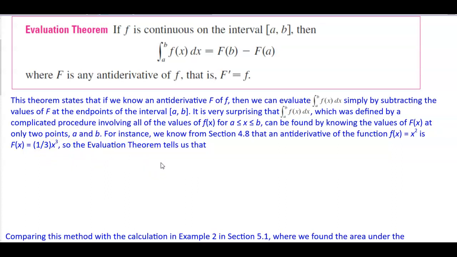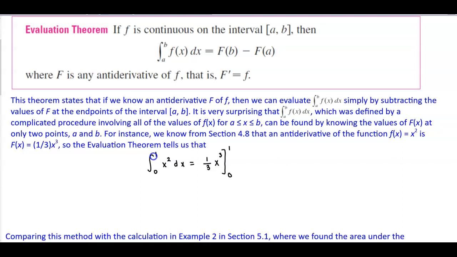So we have the integral from 0 to 1 of that function x squared dx. The antiderivative of x squared is 1/3 x cubed. And so then what we do is we create this little segment here, and then we evaluate it after we take the antiderivative from the lower limit of 0 to the upper limit of 1.